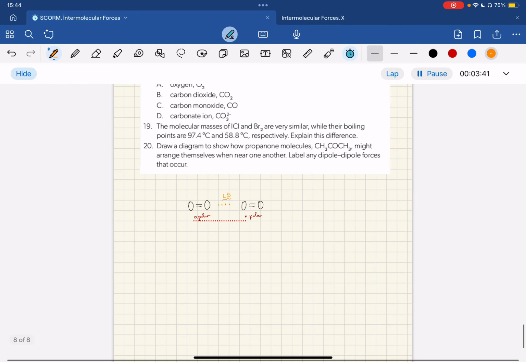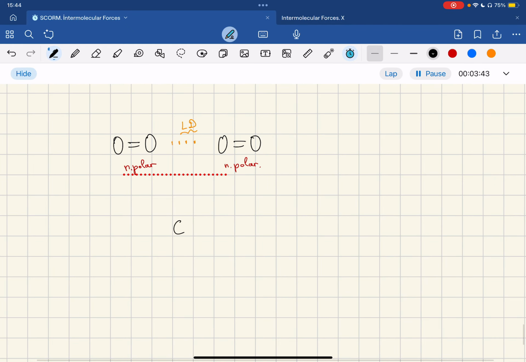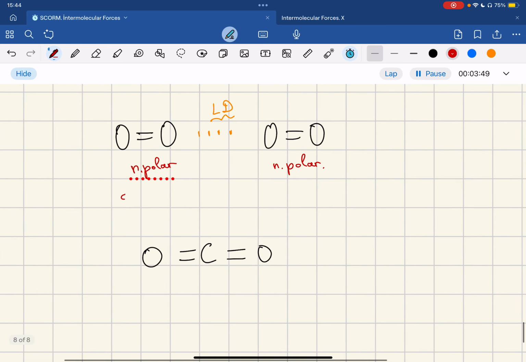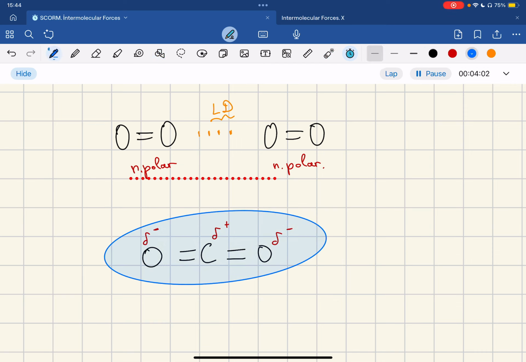So let's take a look at carbon dioxide. Whenever we write the Lewis structure of that, we know that oxygen is more electronegative than carbon, so it's going to be partial negative, partial positive, partial negative. As a molecule, you see, let me draw it like that, one end is negative and the other end is also negative. So this is a non-polar molecule.